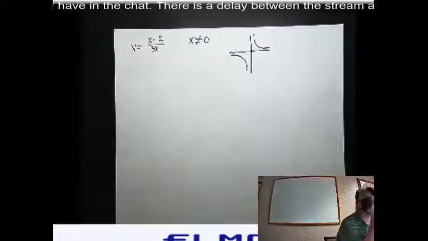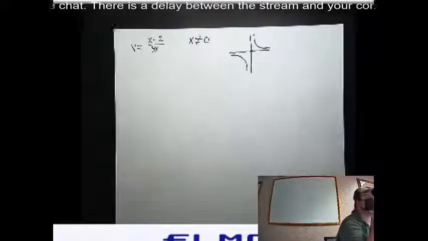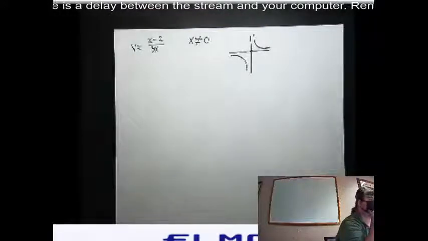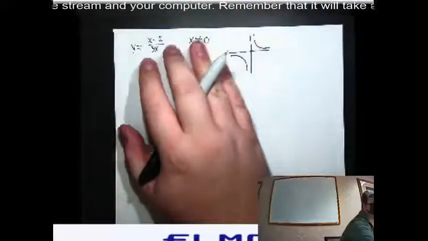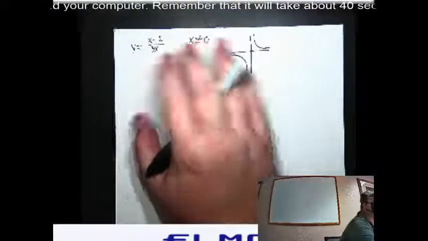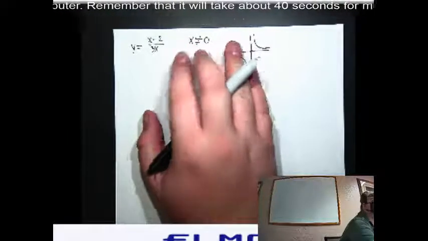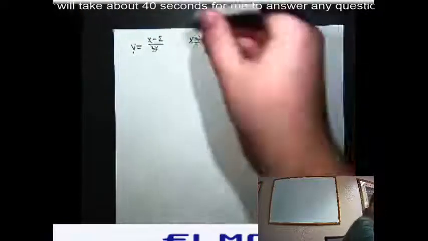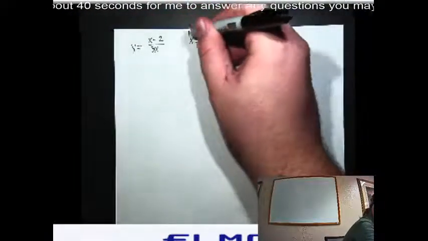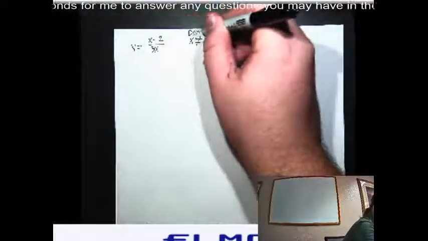Well, how do we get that? It's by finding its inverse function. If we find the inverse of this equation right here, it will also give us the restriction for y. So the things that x can't be, that's called a domain.